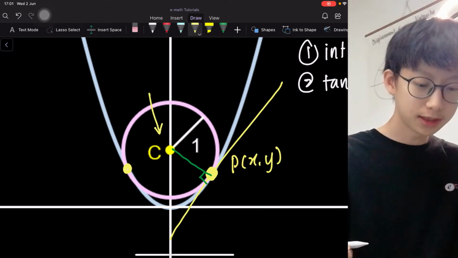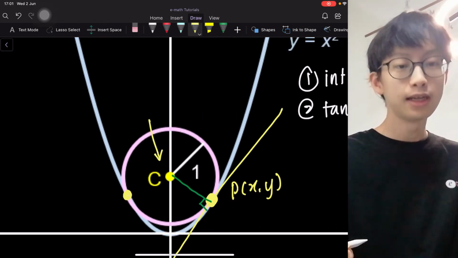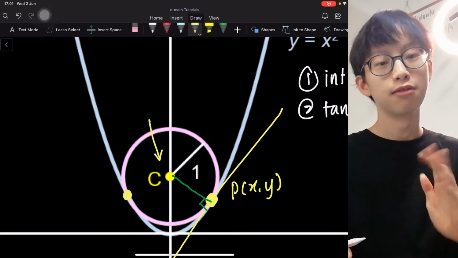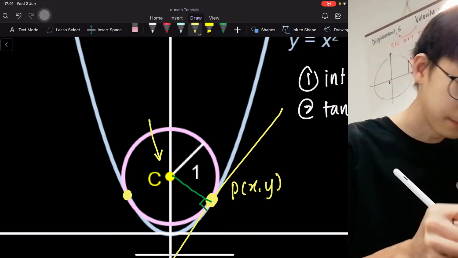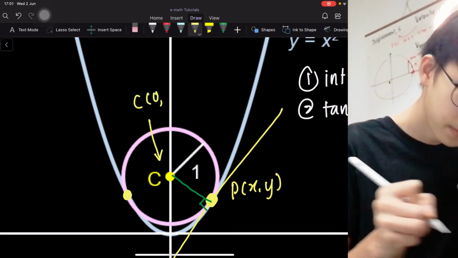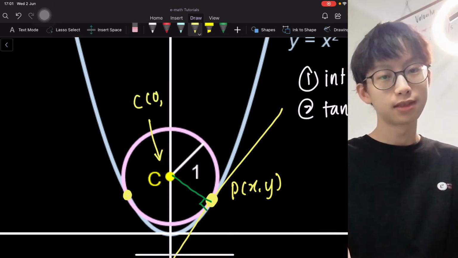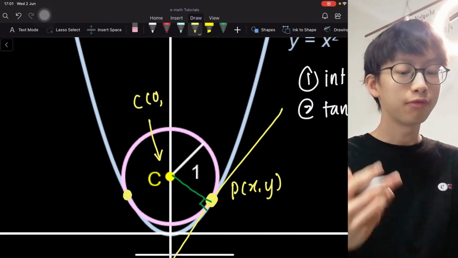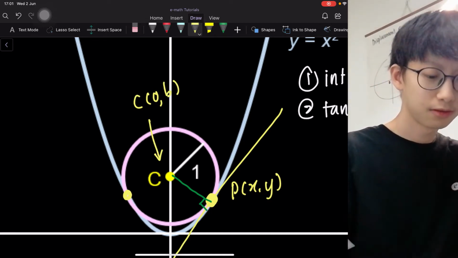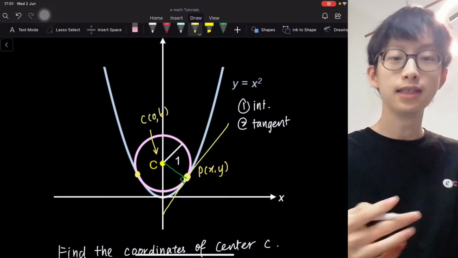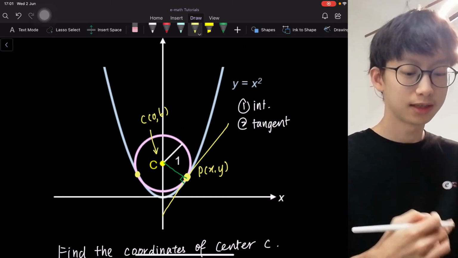This point C, because we can see it already, lies on the y-axis, which means the x coordinate equals 0. So C is 0. And what about the y coordinate? That's what we need to find, right? Let's call it maybe B.